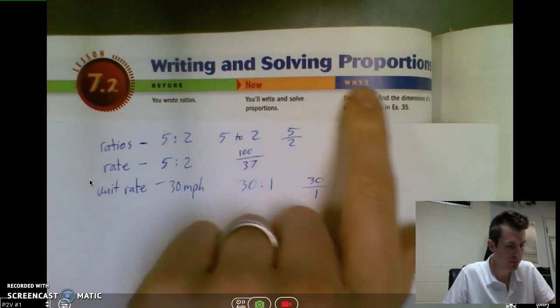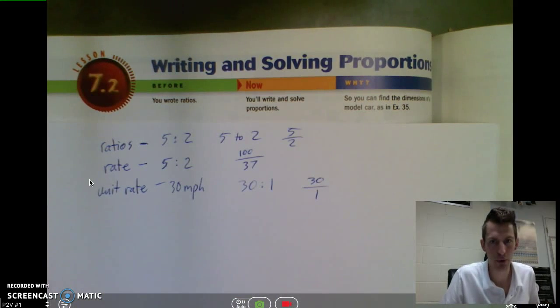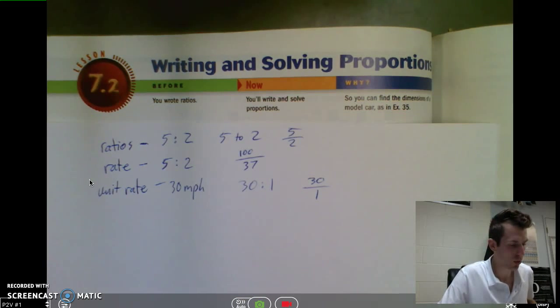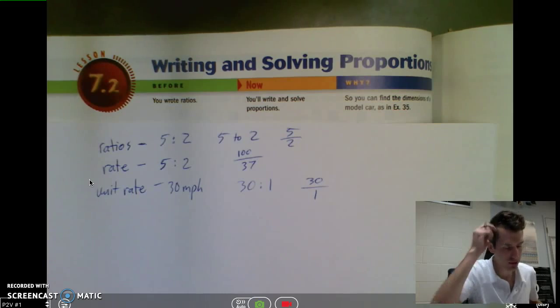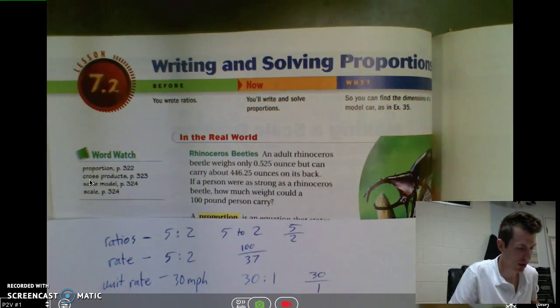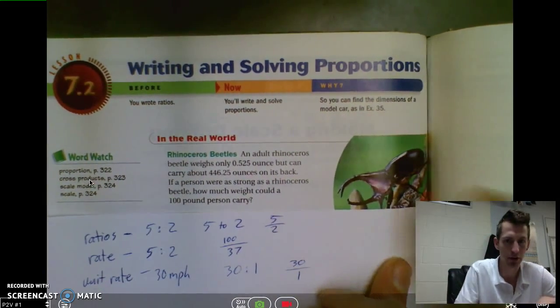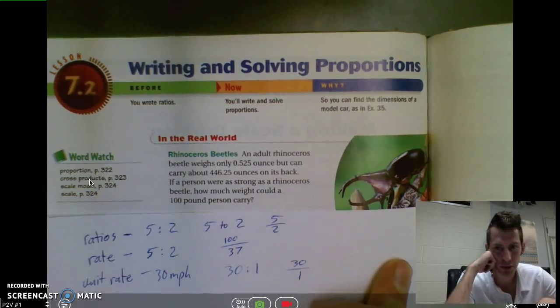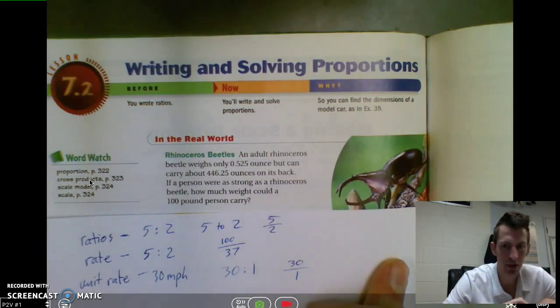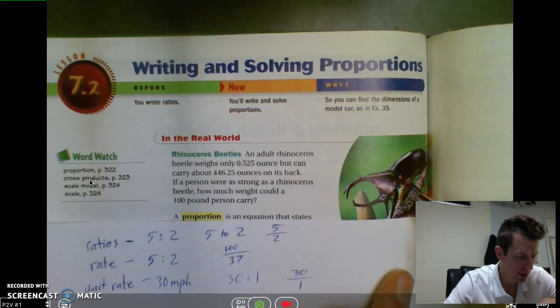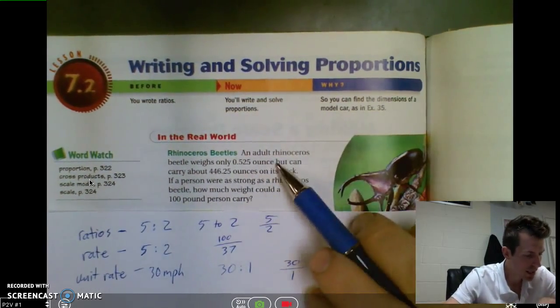Now, today we're talking about proportions. Proportions. What are those? Well, let's not get ahead of myself. Let's take a look at this rhinoceros beetle. Pretty cool. I hope you have your book with you, because you can see the picture a lot more clearly than in this video. But rhino beetle here.